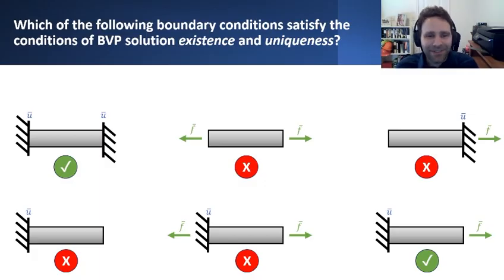The only issue that you have is when you have both a displacement boundary condition and a force boundary condition applied at the same location, which is certainly true for the bottom example or the one that's at the top right here. There's also the issue of, again, like we had in that last example, having two forces but no constraints on displacement. That doesn't give me a unique solution.